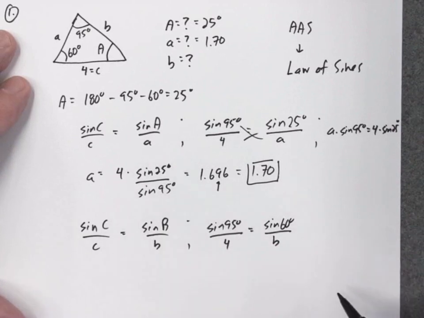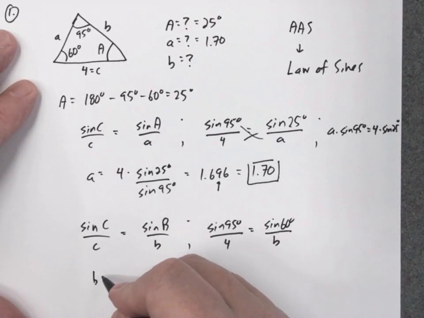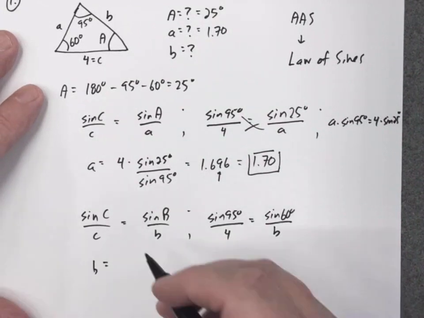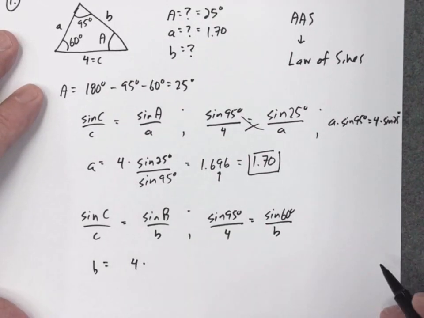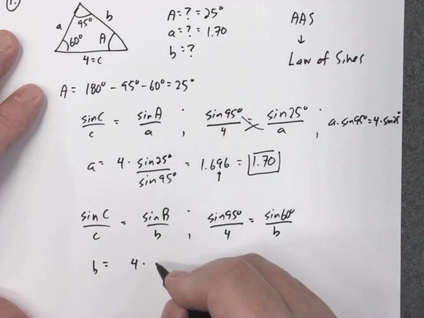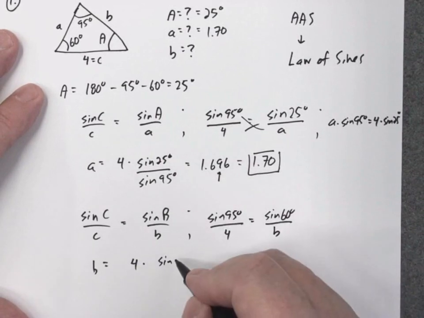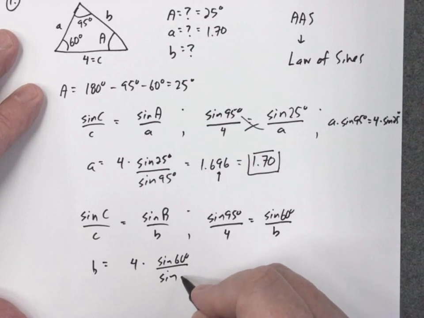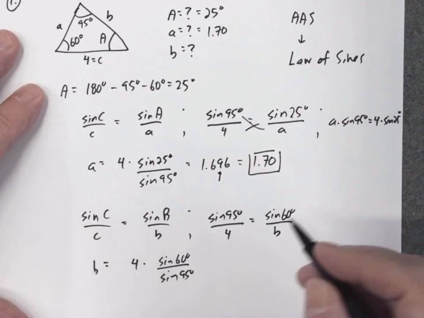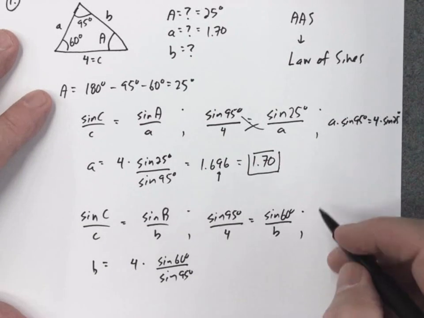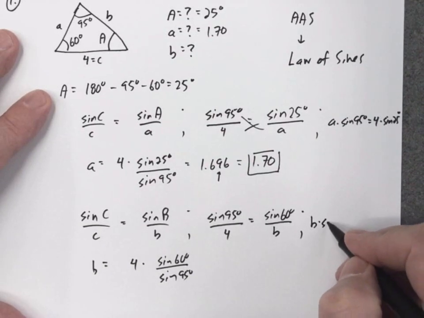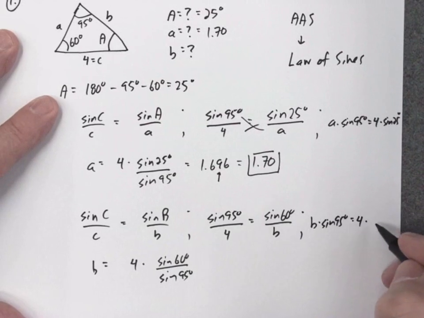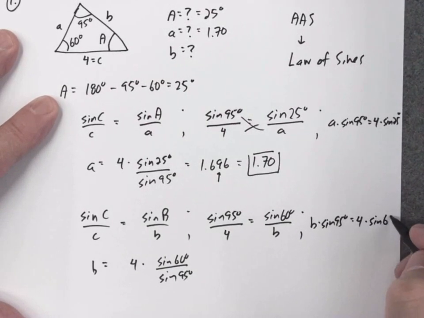Now if I cross multiply and do various things, I'll skip a step. To get B by itself, it's going to be 4 times the sine of 60 degrees over the sine of 95 degrees. I guess I can do that again. So cross multiply: B times the sine of 95 degrees equals 4 times the sine of 60 degrees.